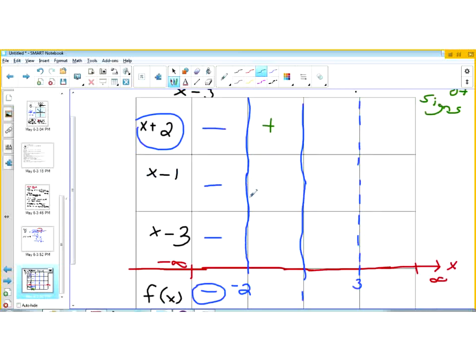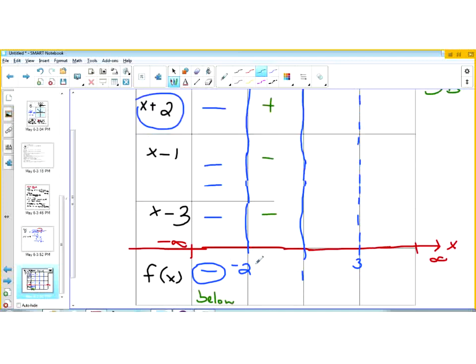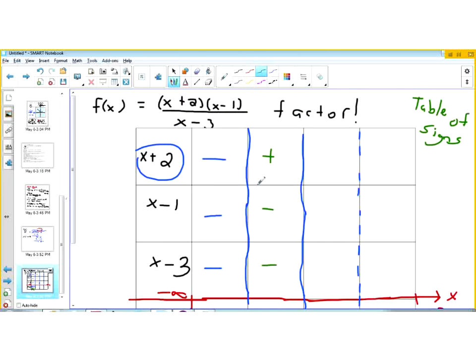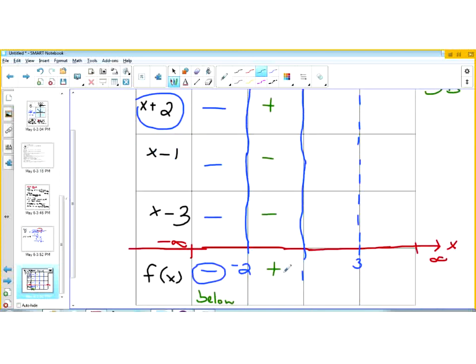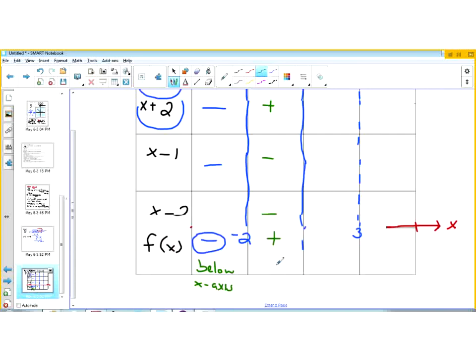So if I choose a number between negative 2 and 1 and I plug it in for x here, that factor will contribute positively to f of x. Choose a number between negative 2 and 1, plug it in for x for this factor, and that will make the factor negative, and likewise, this factor will be negative. So if I choose any number between -2 and 1, and I plug it in for f of x, I will be multiplying a positive number by a negative number and dividing by a negative number.